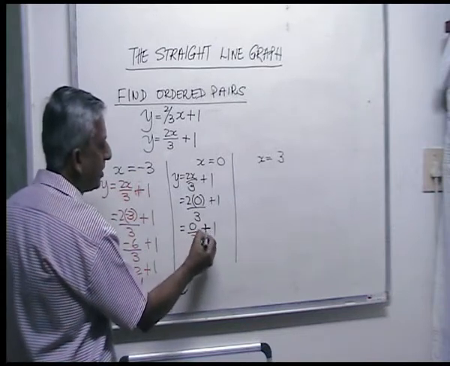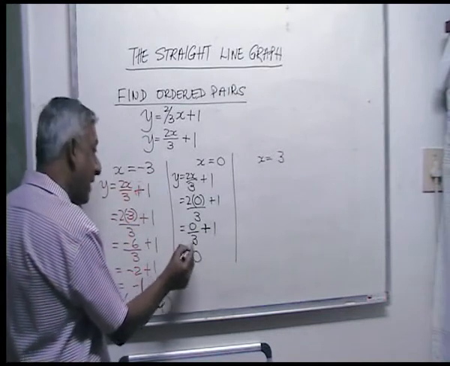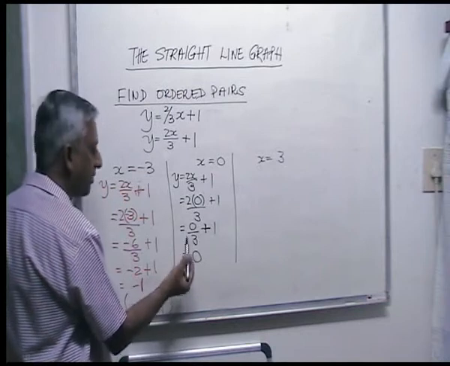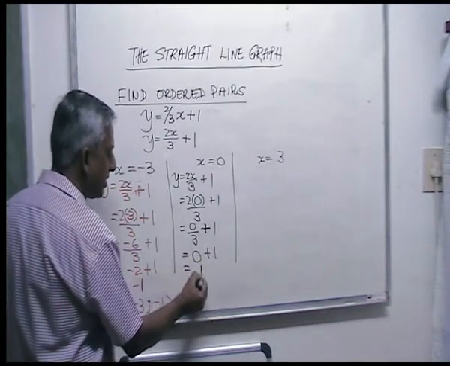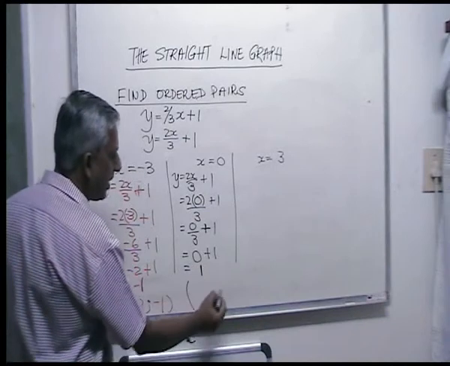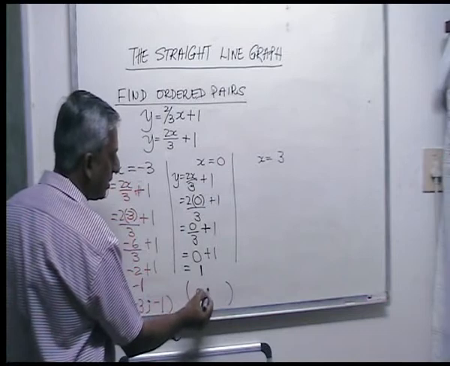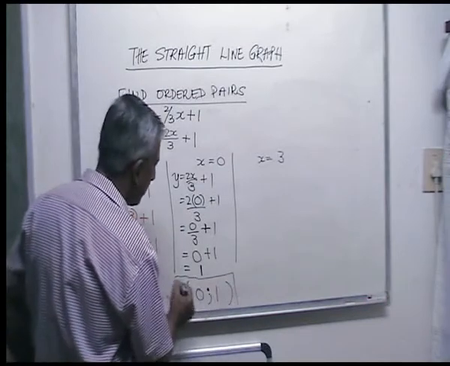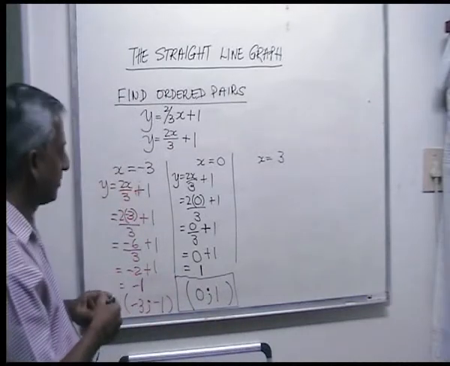Now 0 over 3 is 0. 0 divided by any number is 0. So 0 divided by 3 is 0. 0 plus 1 is 1. So your final ordered pair is x is 0 and y is 1. So that's your final ordered pair here in the middle. Right, so let's move on.